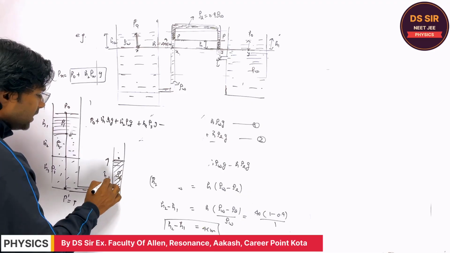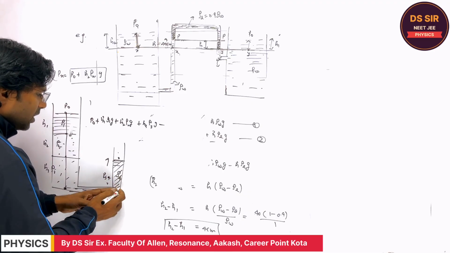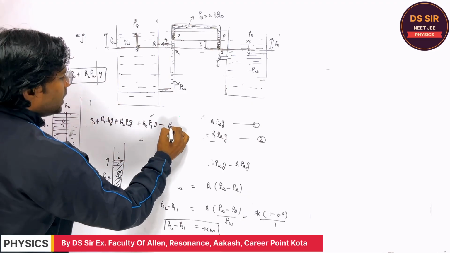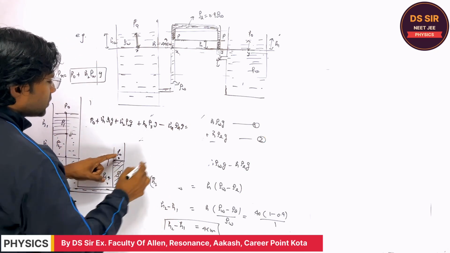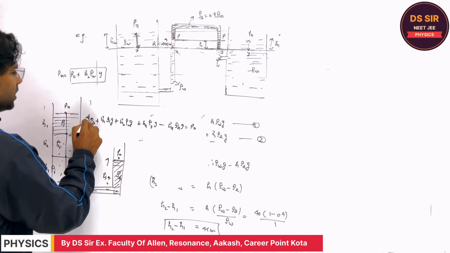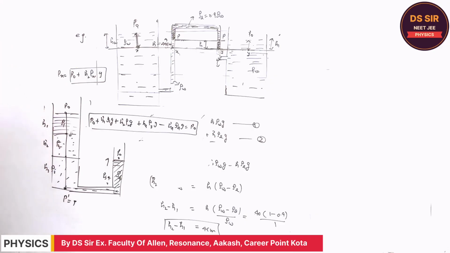Plus or minus? If we move up, minus H4 rho 4 G is equal to atmospheric pressure. Do you understand this equation or not? All right. This is the manometric equation of pressure.